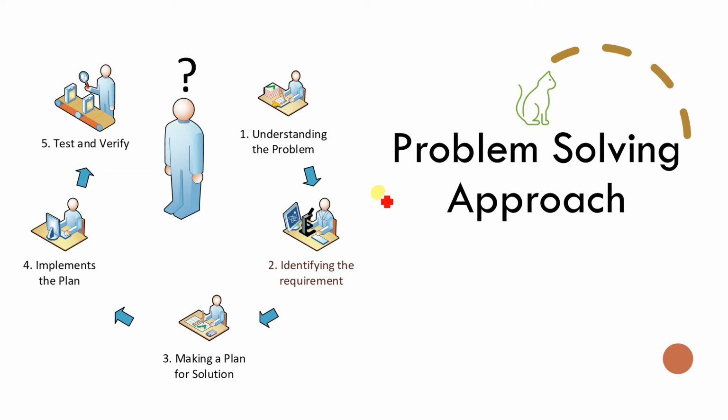As we know, a computer is a dumb machine, yet a powerful one, but if a problem is given to it and we have not specified the steps to solve it, then the computer cannot perform in a perfect manner.